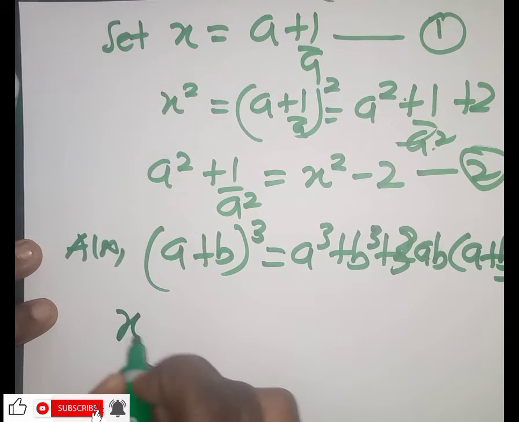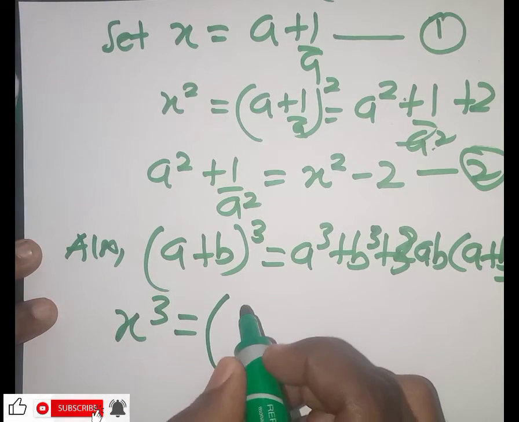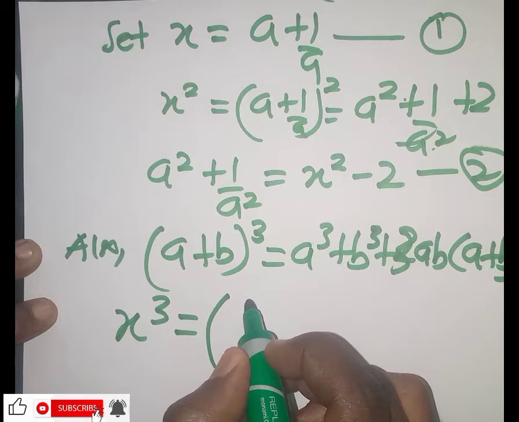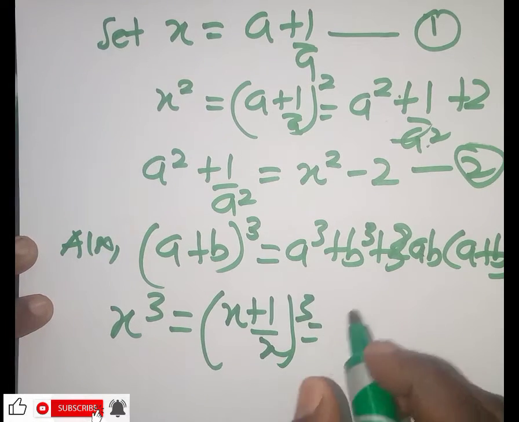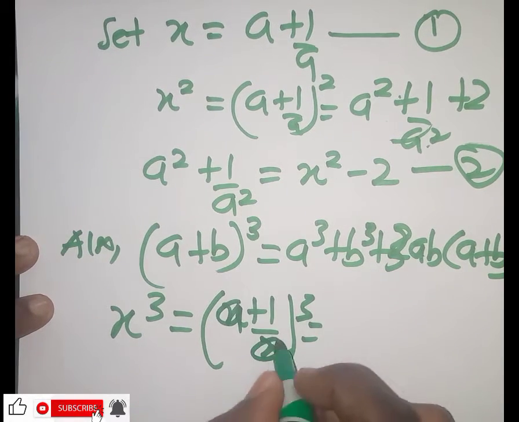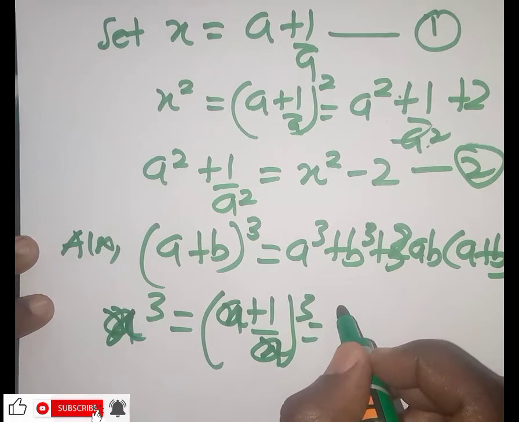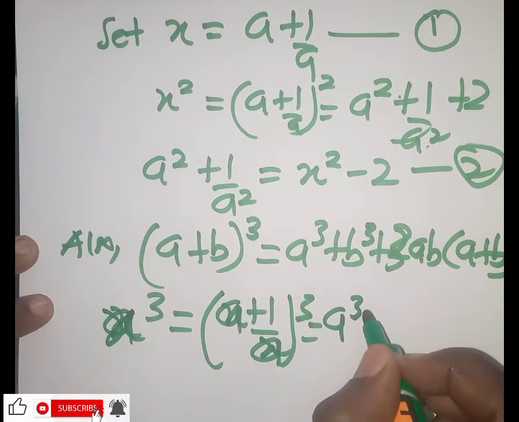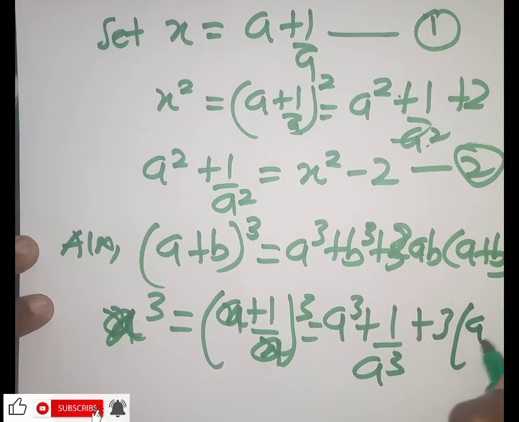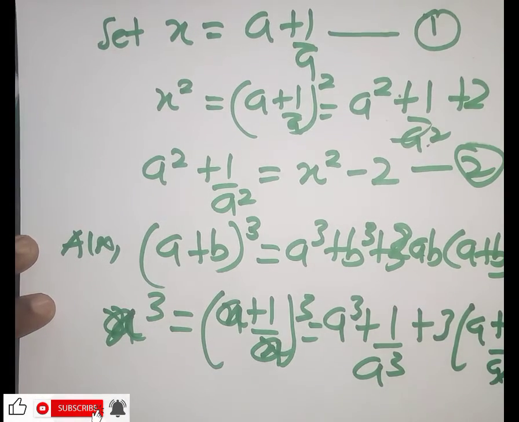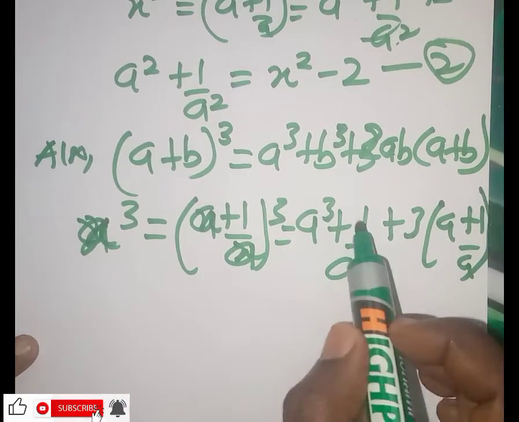So if we have something like s cube, expanding this, let's use a in this case, we are going to get a cube plus 1 over a cube plus 3 into bracket a plus 1 over a, right? Very nice. So just cubing that, we'll be able to derive the a cube expression also.